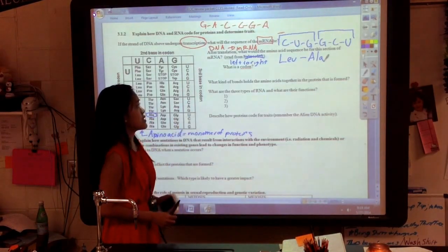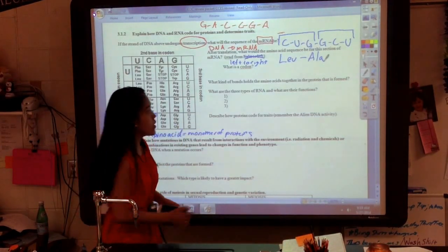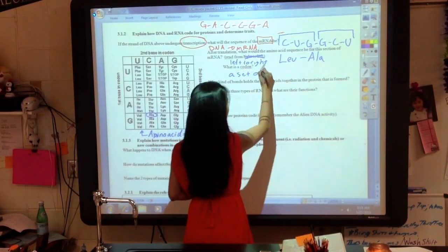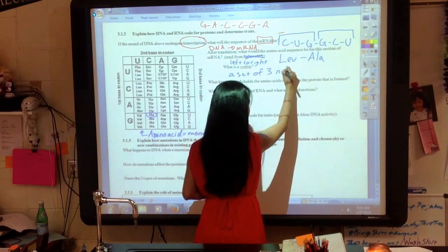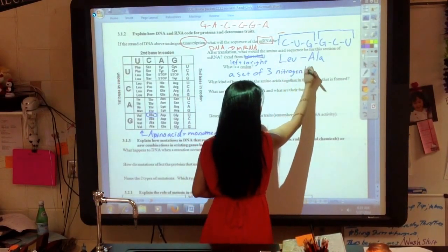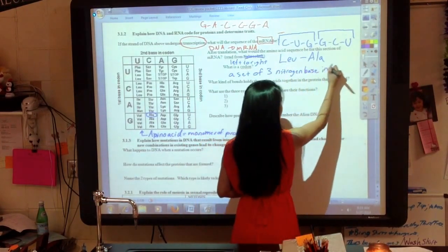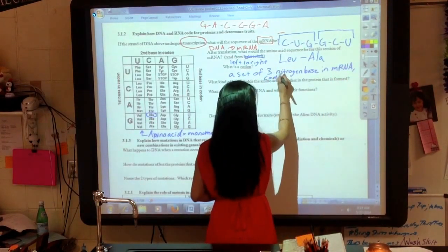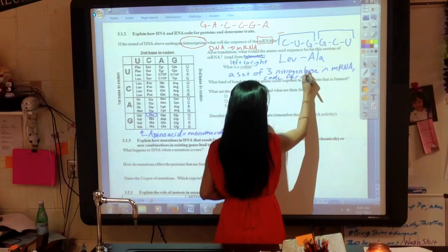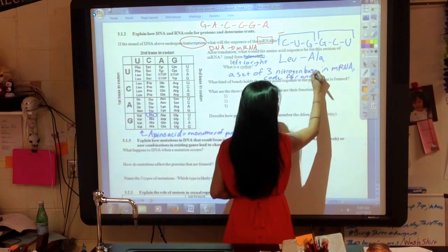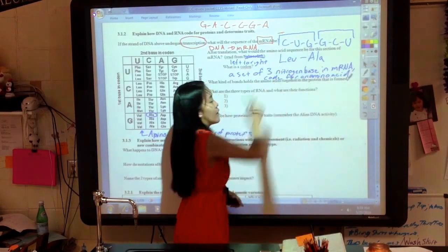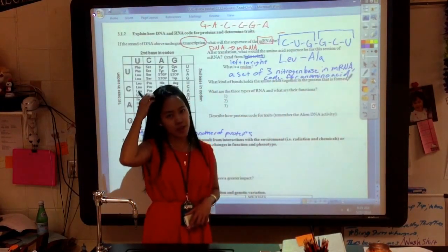But the next question does ask us, what is a codon? A codon is a set of 3 nitrogen bases in mRNA that code for an amino acid. So in this chain that we originally had, how many amino acids do we code for?